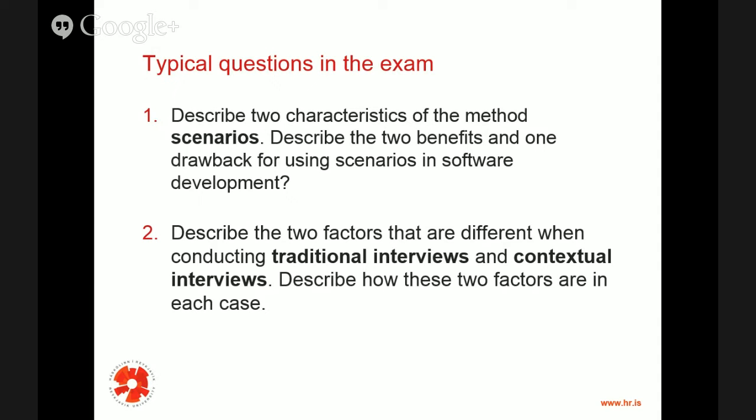Yeah, so these could be typical questions in the exam for this level. Describe 2 characteristics of the method scenarios. Describe the 2 benefits and 1 drawback for using scenarios in software development. Okay, and do you have any ideas how to answer this?